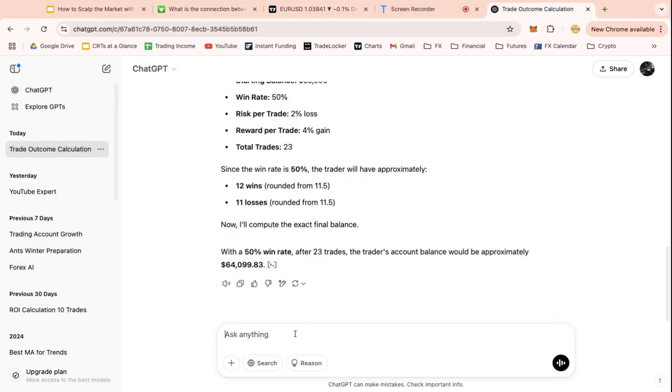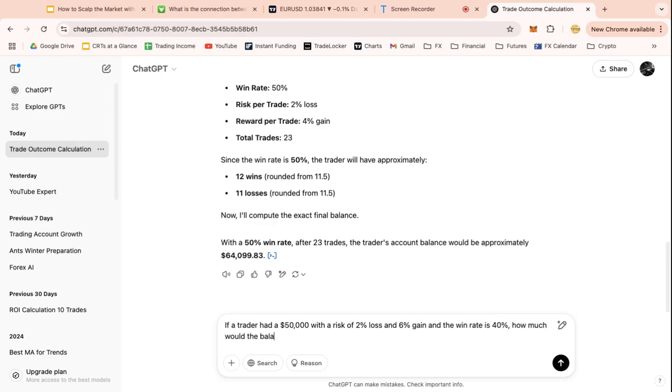So if you had a $50,000 account with a risk of 2% loss and 6% gain, and the win rate is 40%, how much would the balance be after 23 trades?